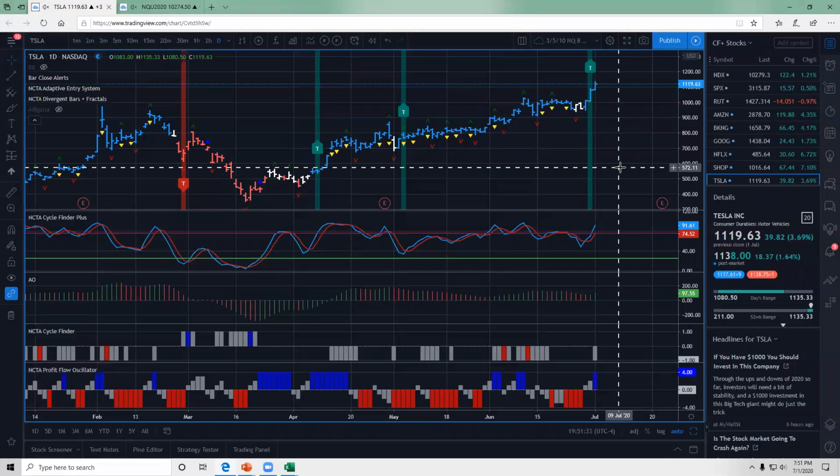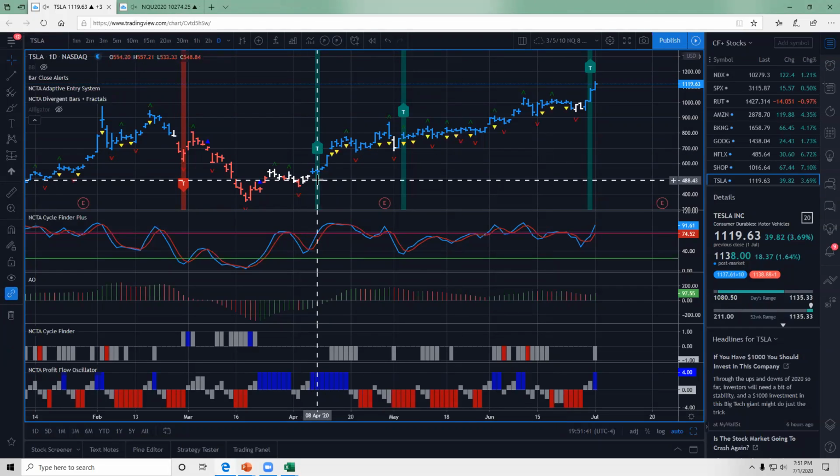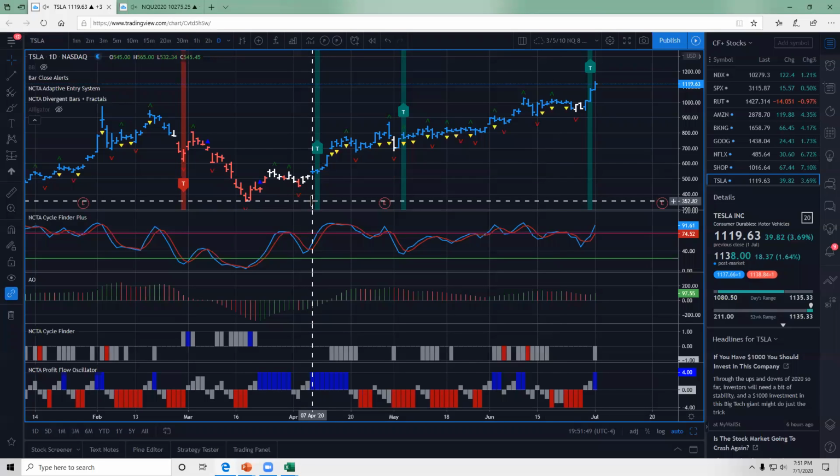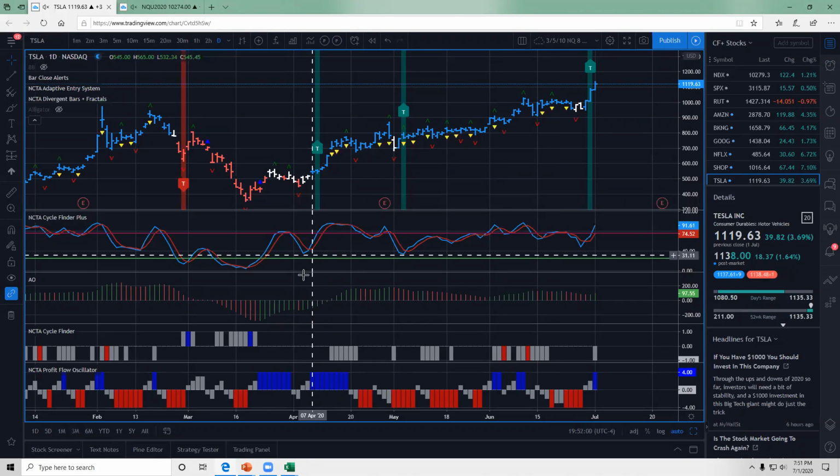There's a question in here about how come you missed the Tesla starting upward move on the chart. We didn't actually miss that entry at all. Tesla had an April 7th cross on Cycle Finder Plus.